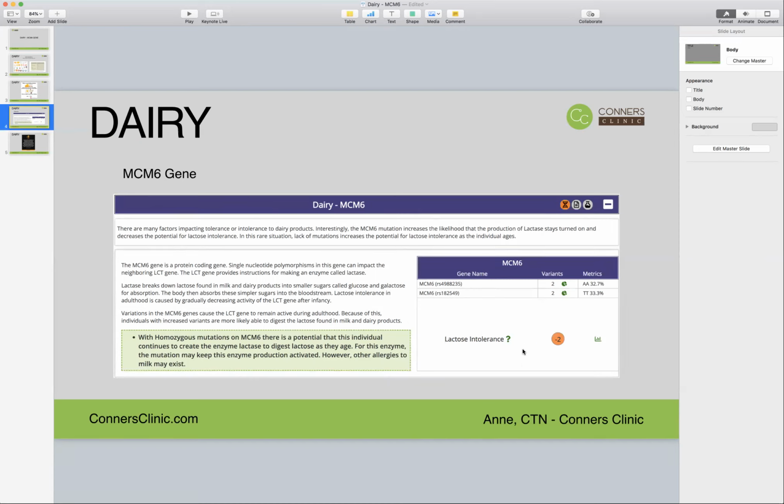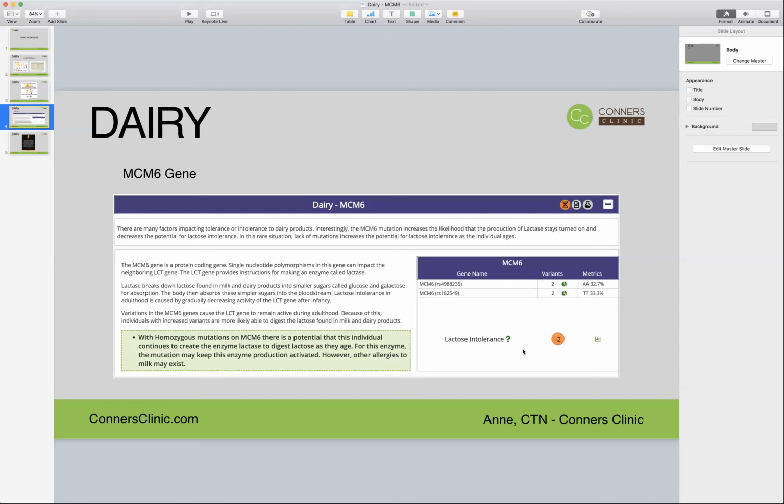The MCM6 gene impacts another gene called LCT. The LCT gene provides instructions for making the enzyme lactase. That's the enzyme that helps to break down lactose, the sugar component in dairy. Without that enzyme, you can't really break that lactose down, and you might have a lactose intolerance.